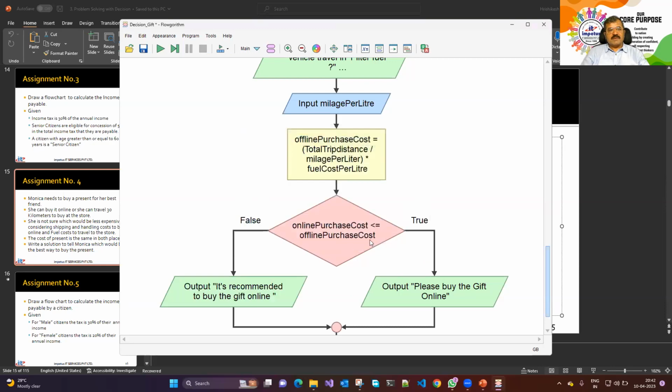That's the message that we have given. If online purchase cost is greater than or equal to also, even if it's the same, why travel? It's recommended to buy the gift online.